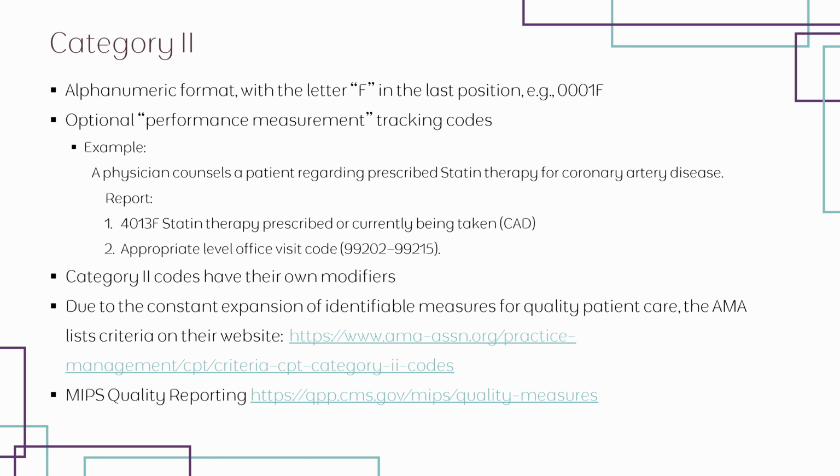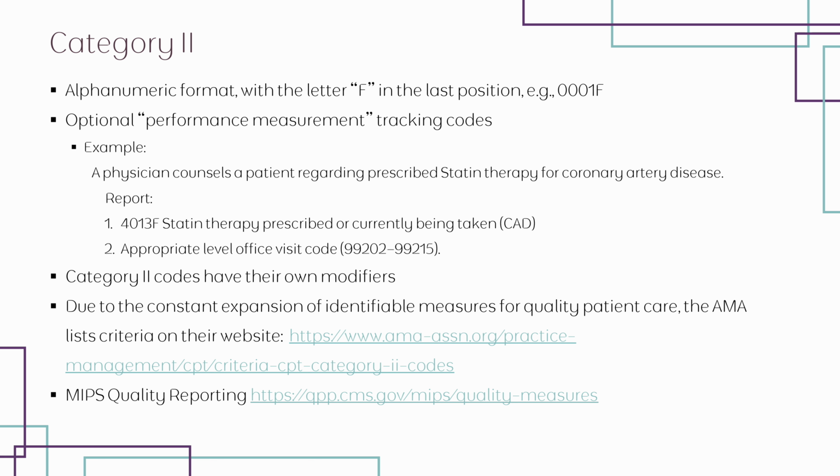Imagine a physician counseling a patient regarding statin therapy for coronary artery disease. Statin therapy is prescribed to help the patient lower their LDL cholesterol levels, which is a key factor in managing coronary artery disease. In this case, the appropriate Category 2 code would be 4013F, indicating that this counseling service was provided during the visit.